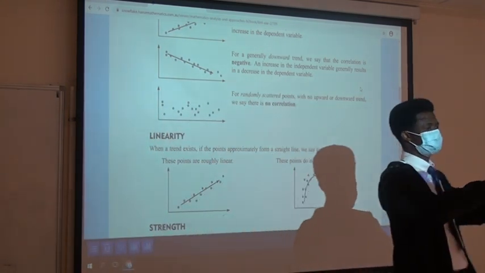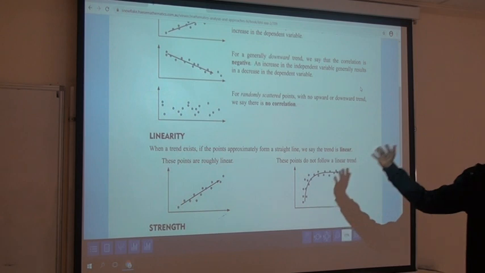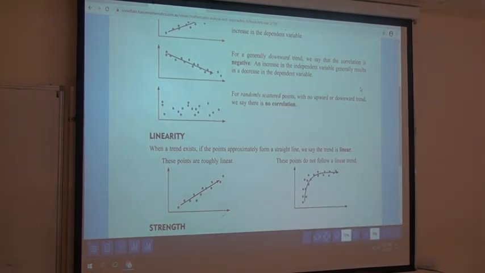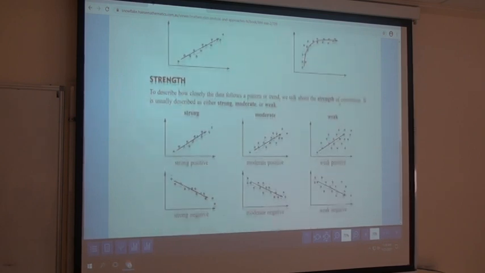If someone is going to explore advanced statistics later, you might get something that is beyond. But for IB, HL, SL, linear. So your correlation is linear if you have that trend compared to the other one. If everything is approximately on a straight line. Remember, approximately, not exactly. The strengths.